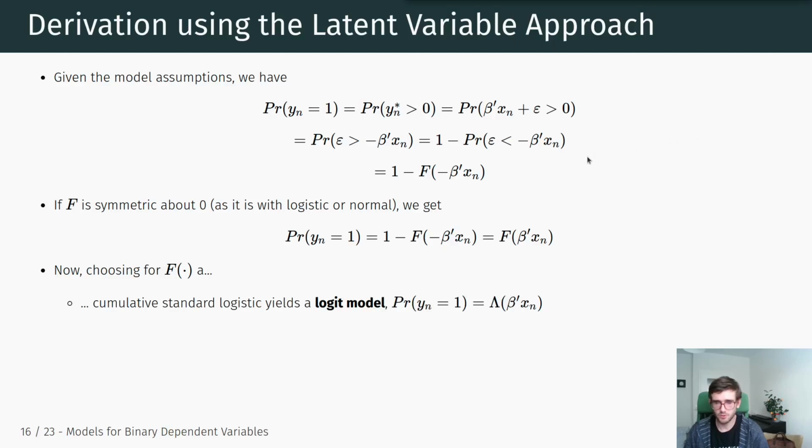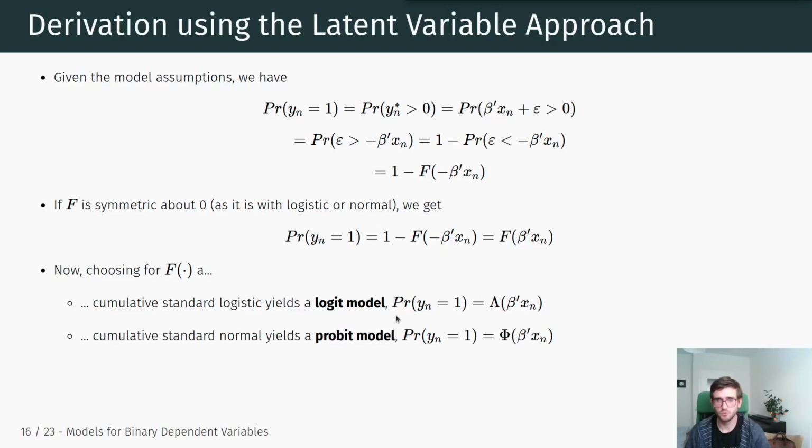So now if we choose for F a cumulative standard logistic distribution, then this probability yields our logit model, which you should recognize from the derivation based on the logit link function. Okay. And if we choose a cumulative standard normal distribution for our F, then this ultimately yields a probit model.